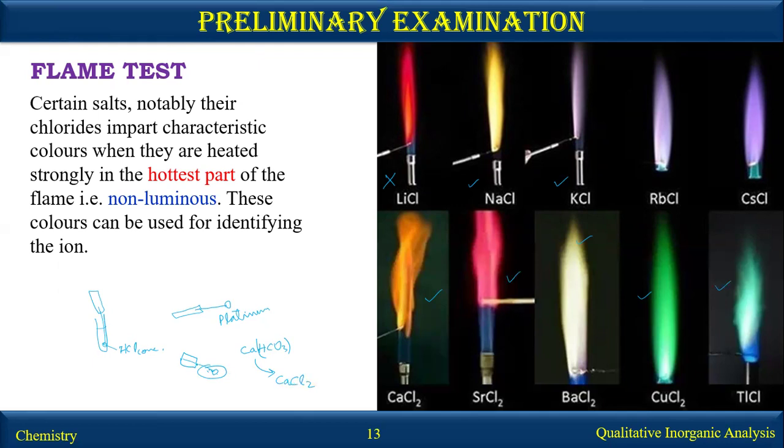Similarly, if it was any compound of barium, then it converts into barium chloride. Why do we convert them into chloride? Because chlorides impart characteristic colors easily. They can be evaporated easily, so it gives the flame color. I will tell you the details of the flame test in another video.